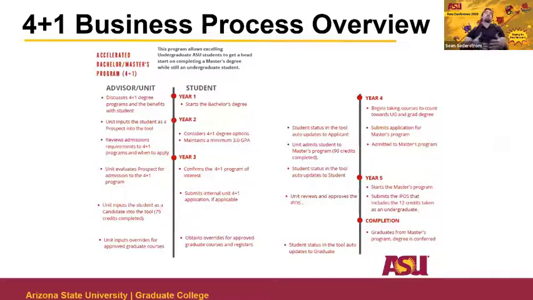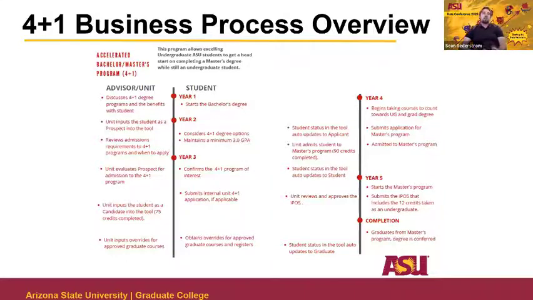Okay, so what is a 4+1 program? What you're looking at right now is the typical life cycle for a student going from year one in their bachelor's all the way through their master's program. A 4+1 program is referred to as 4+1 because the intent is that a student is able to receive both their bachelor's and a master's degree in as little as 5 years.